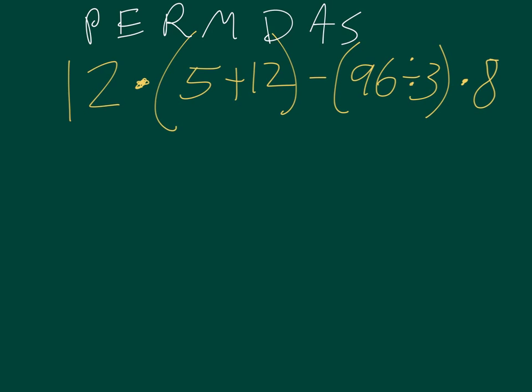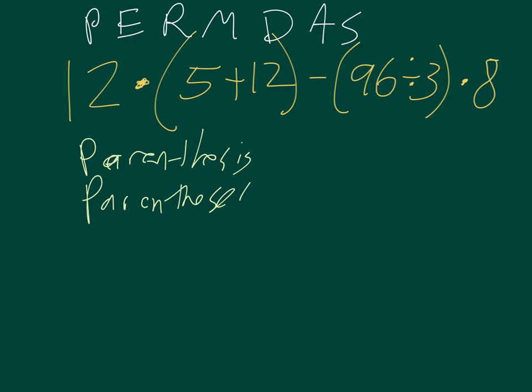Are there any parentheses? You look and say, oh yes, there are parentheses here and there are parentheses there. So what I would actually write down is parentheses and then parentheses again, because you need to do what's in parentheses twice.